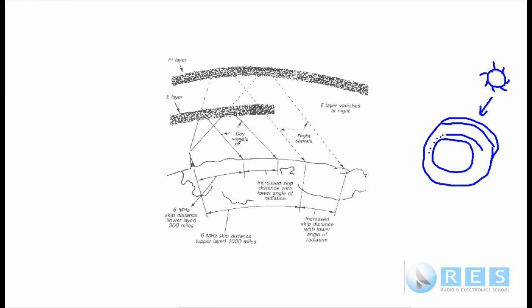The other thing that can happen, which we're not too happy about as radio amateurs, is it's possible for a wave, let's say the receiver is here. This wave is travelling from the transmitting station, being refracted from the ionosphere and being received. It's possible for a bit of the wave to be refracted by a different portion of the layer and also be received. But the problem is that these two waves have travelled a different distance.